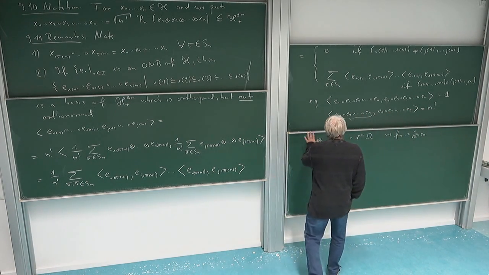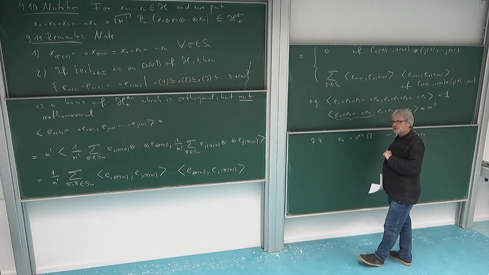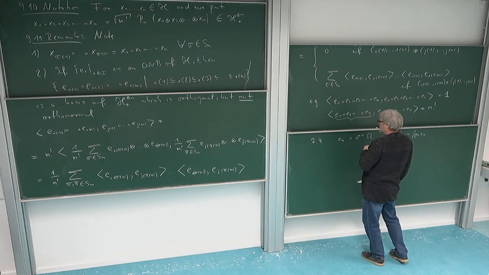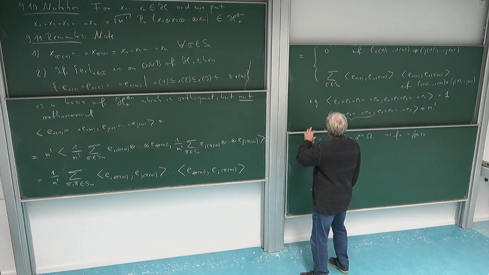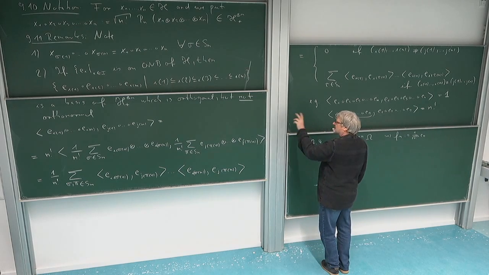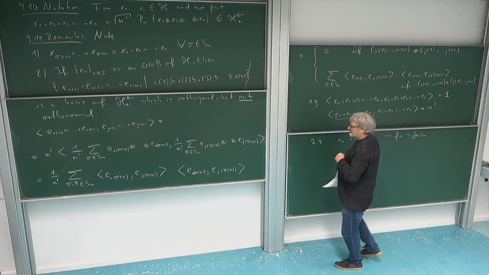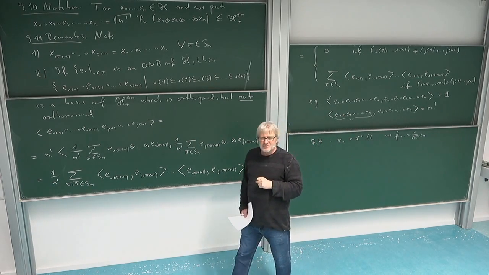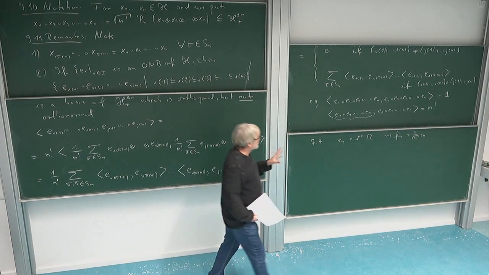So maybe I stay with those guys and define creation and annihilation operators in terms of those, but you should have in the back of your mind that if you take a basis in H and you write down the canonical basis in the symmetric version of H to the n, this is not orthonormal, but you will have some lengths there which are not uniform.